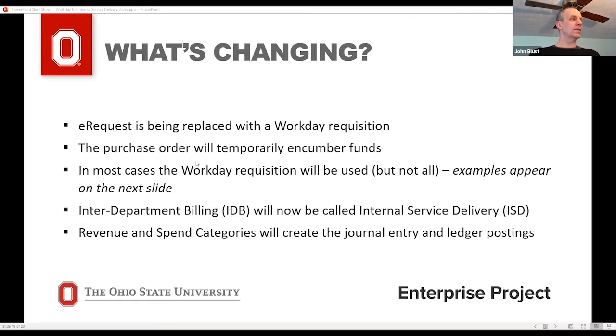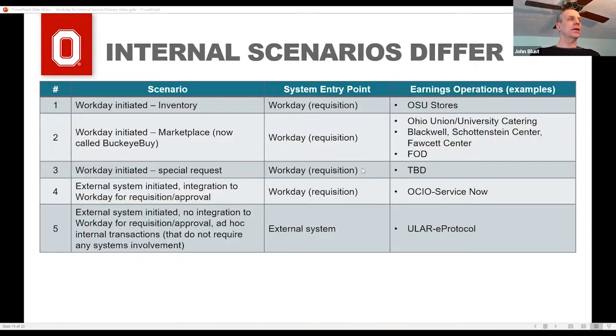When we talk about how the Workday requisition will be used, on this slide, we can look at some different scenarios. If we see these first 4 rows here, a Workday requisition will be used to request items from stores.